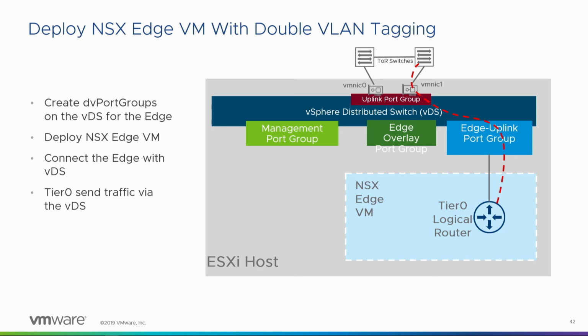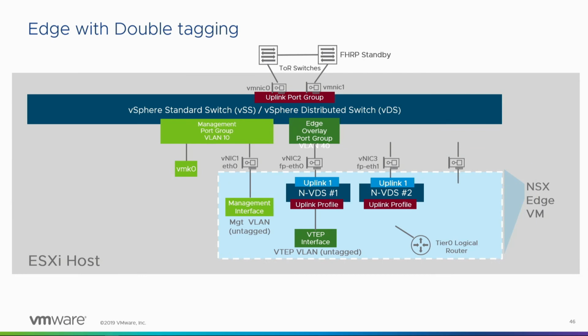The problem is that for this virtual machine, the edge, you have an option to create something called an uplink profile. Inside this uplink profile, you have the option to put a VLAN ID, so all the people put a VLAN ID there. But then you realize this is an edge, a virtual machine. You need connectivity in vCenter, so you create a port group and attach it to this edge.